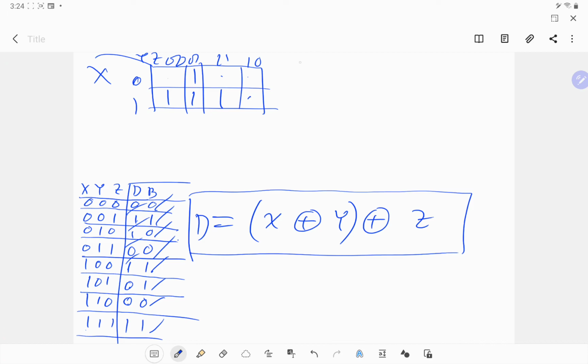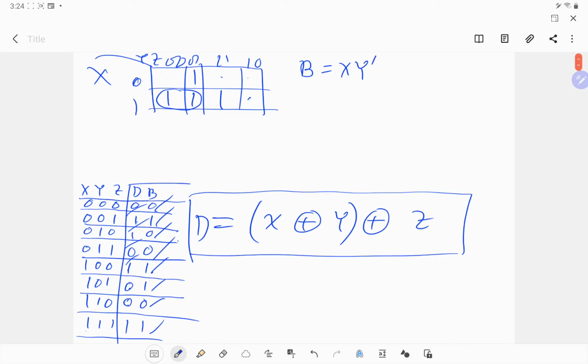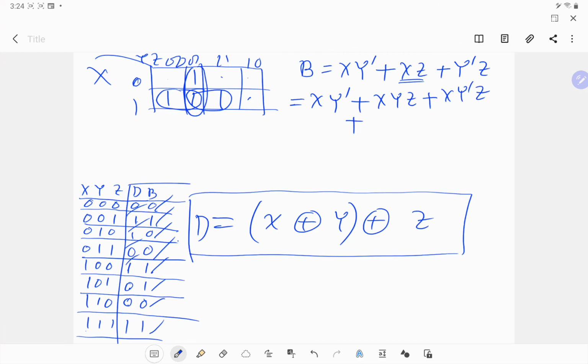Okay, so now for borrow B, we got X Y prime plus X Z plus Y prime Z. Now X Y prime plus Y is missing here, so we'll get X Y Z plus X Y prime Z plus X is missing there, so we'll get X Y prime Z plus X prime Y prime Z.